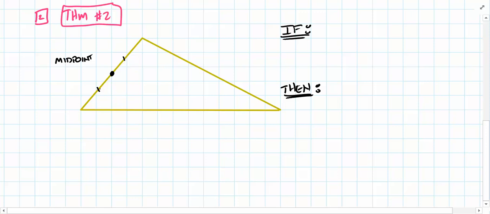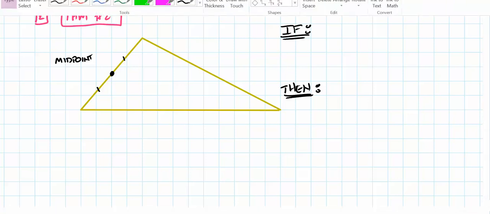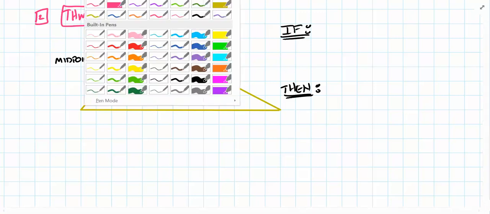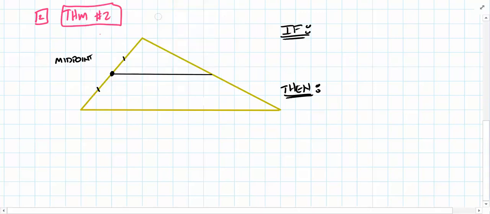If I take a segment from that midpoint and draw it parallel to the base, what do you think this point is guaranteed to be? There you go. It's guaranteed to be the midpoint of the other side.